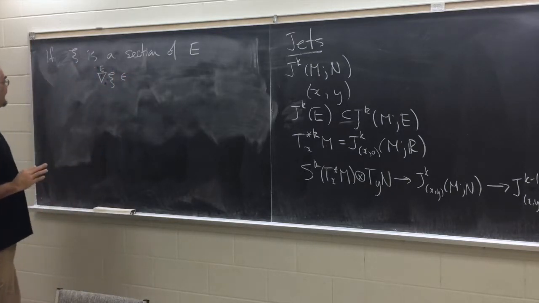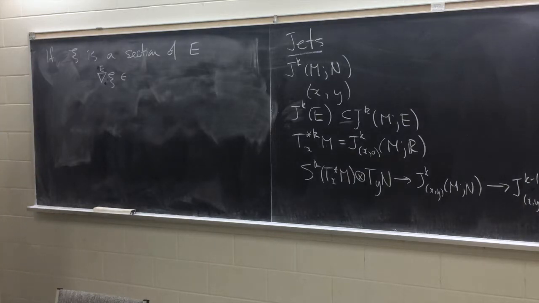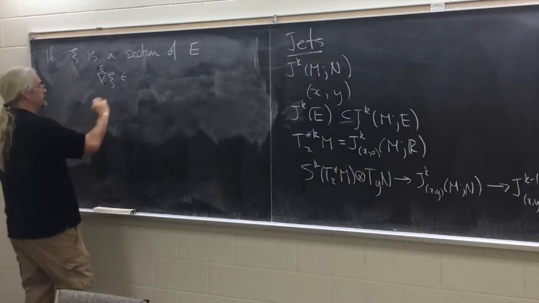I'll assume that C here is of class C^r, so I can differentiate it as many times as I want without having to fuss with it.